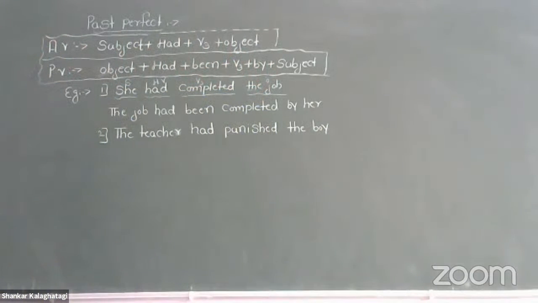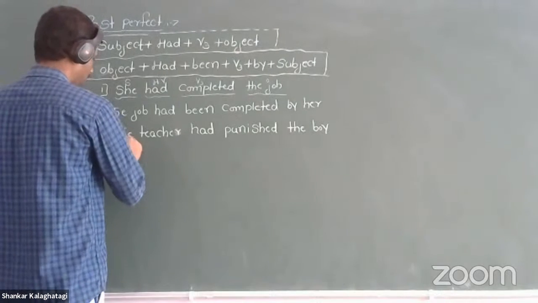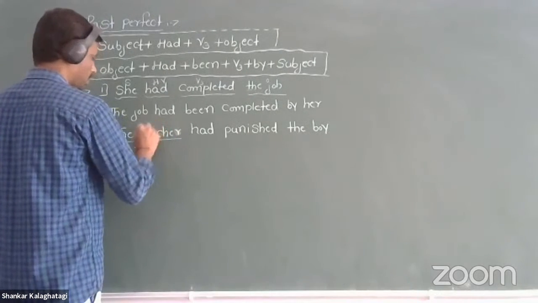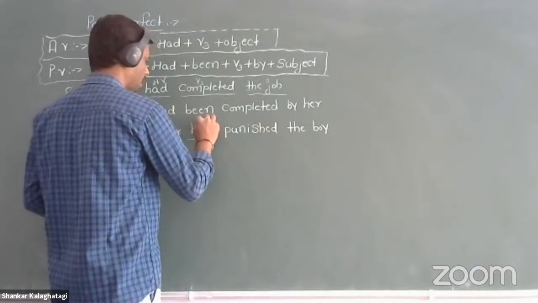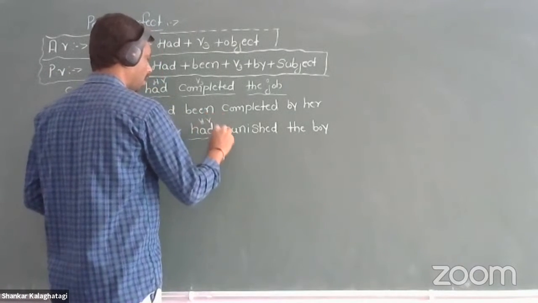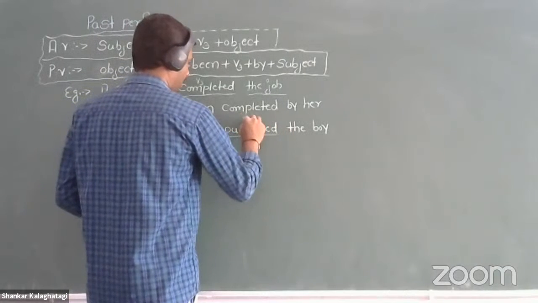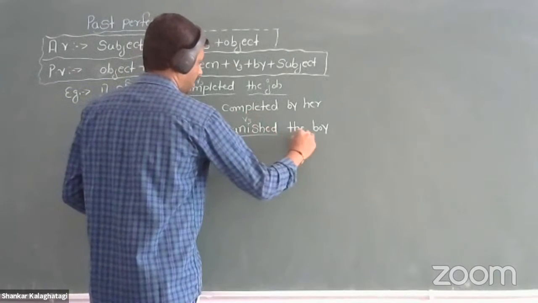Now break the sentence. What we have given? The teacher is our subject. So had is our helping verb. Punished is the main verb, which is in the third form.